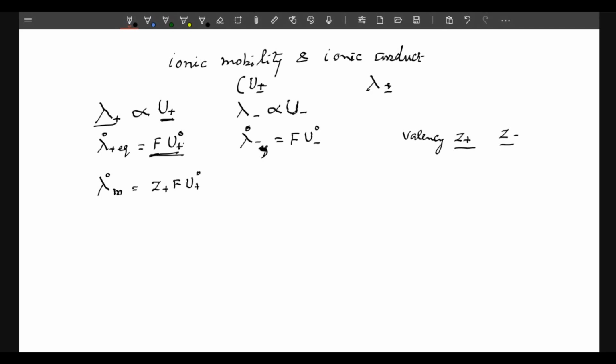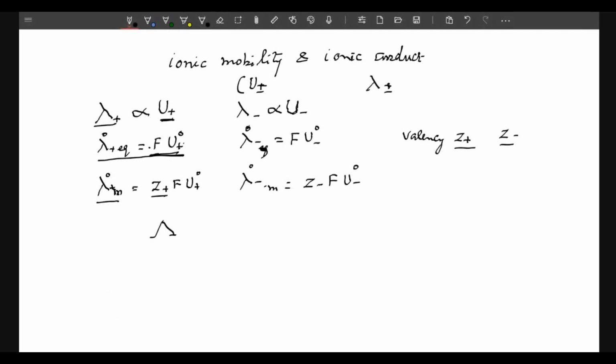If only one charge is present, multiply it and you will get the equivalent conductance. If the ion consists of Z plus charges, multiply this with this and you will get the molar conductance. And here also lambda naught minus, equivalent and molar conductance, is equal to Z minus into F into U minus naught.